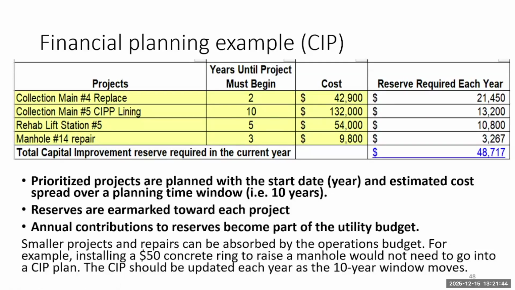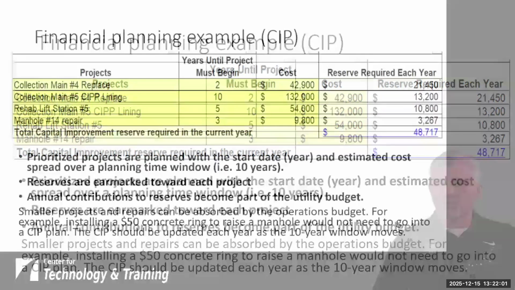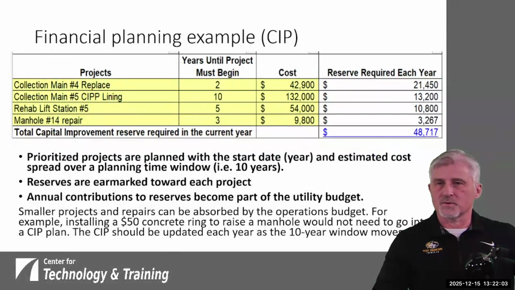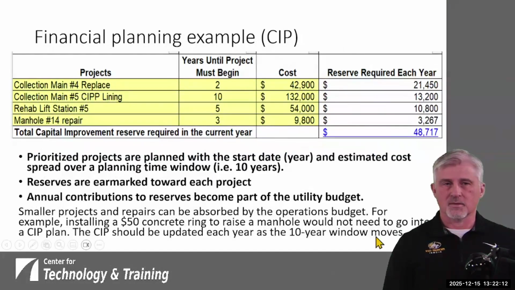So if it's a $50 concrete ring to raise a manhole, you're not going to put that into the capital improvement plan budget because it's not significant enough. I mean, if you had to do one and it was 10 years out, you're going to save $5 a year to make that happen. So it's just using a little bit of common sense in that regard.